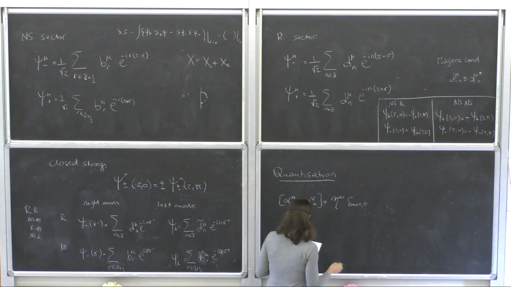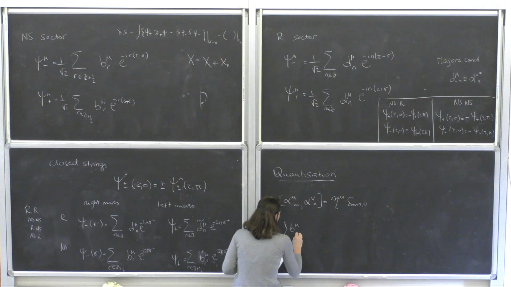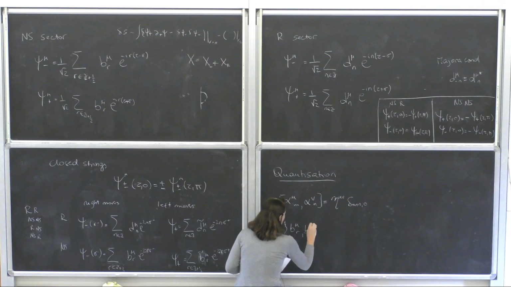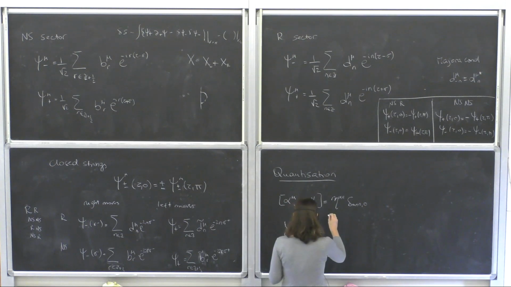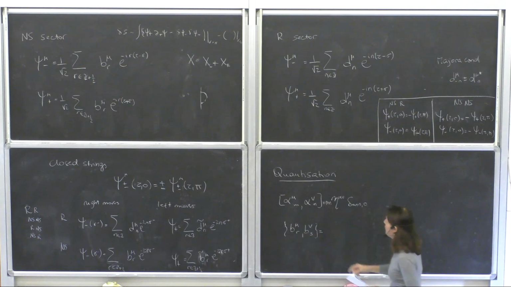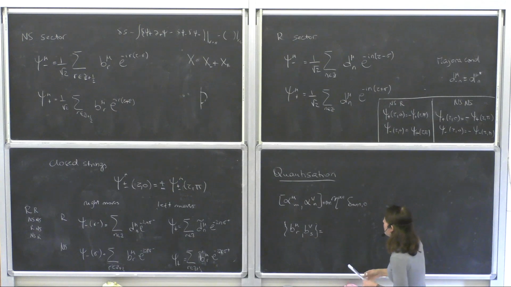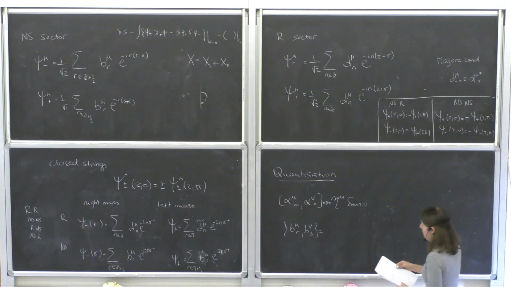And then the b's and the d's. The b's are the ones that have an R, B_r, and S. Sorry, I forgot the m here, important. In the commutation relation of the alphas there is an m, while in the commutation relation of the b's and the d's there is no such thing.